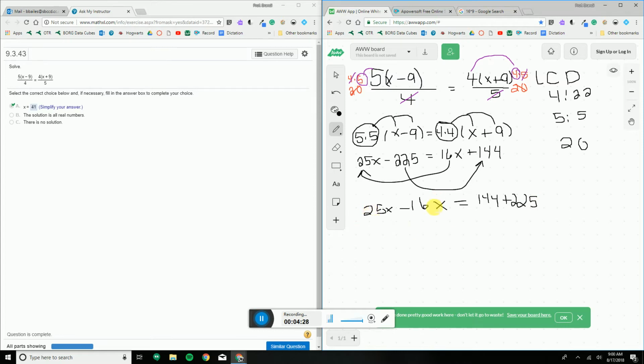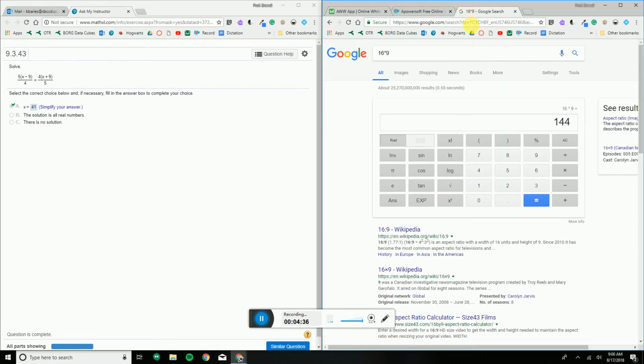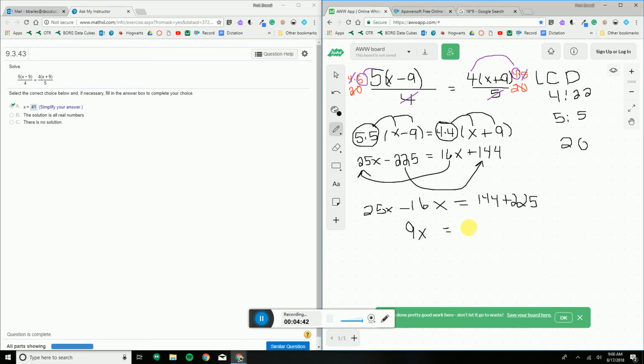Okay, so 25 minus 16, that's 9. And 144 plus 225 is 369. My last step will be to divide by 9 on both sides.